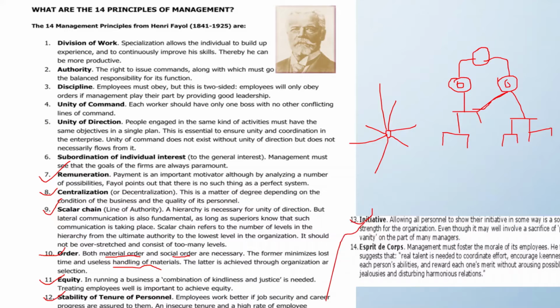When we talk about career progress, the managers have to sacrifice their personal vanity, their personal space. They have to allow the personnel to show their creativity, any initiative in some way or the other. They have to take their ideas and show them that they are important and their ideas are also important to the company.